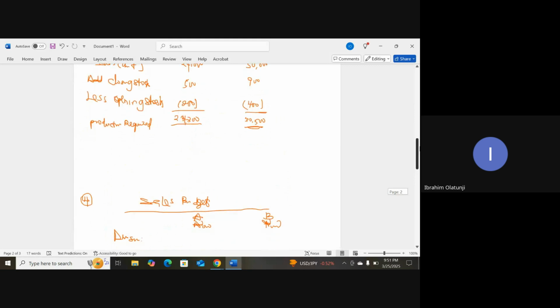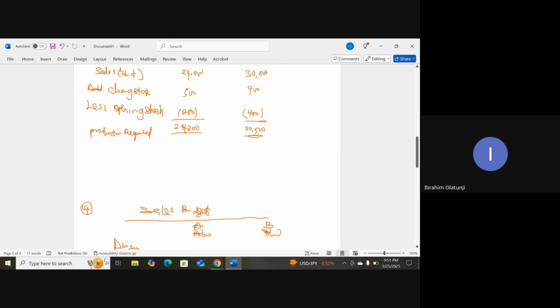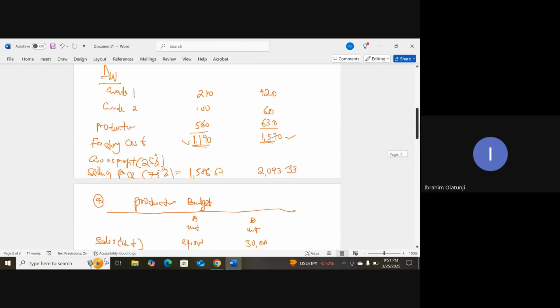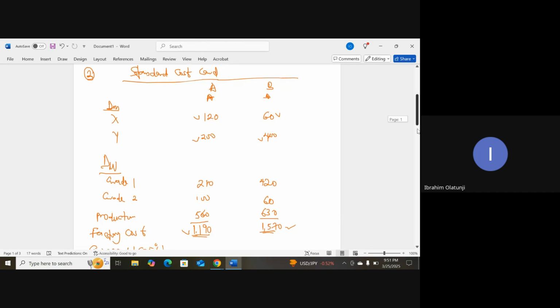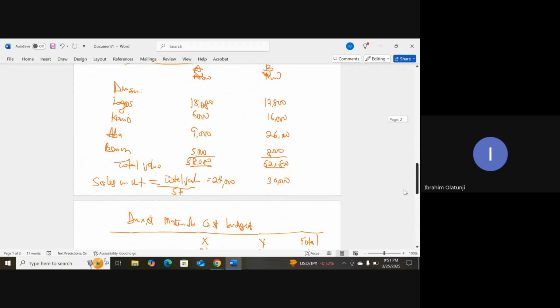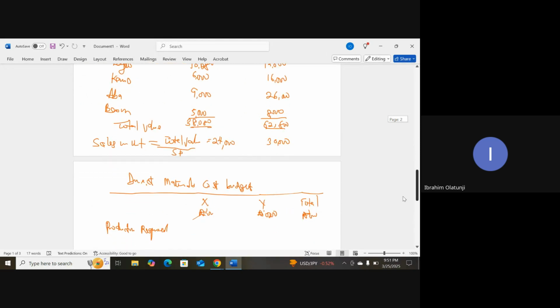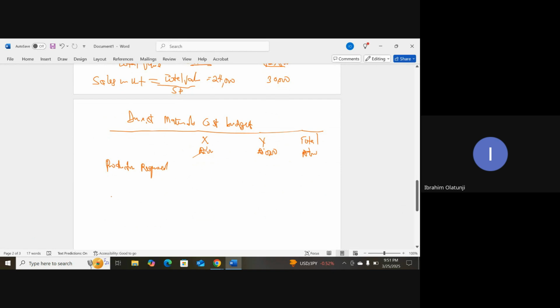You can do it by saying 24,300 multiplied by 120 for material X. Okay, let me do it this way, no problem. I will squeeze it. So 24,300, let me just put it somewhere. 24,300 multiplied by 120.